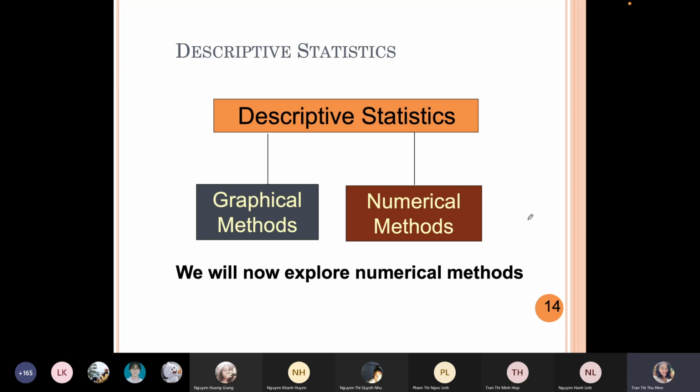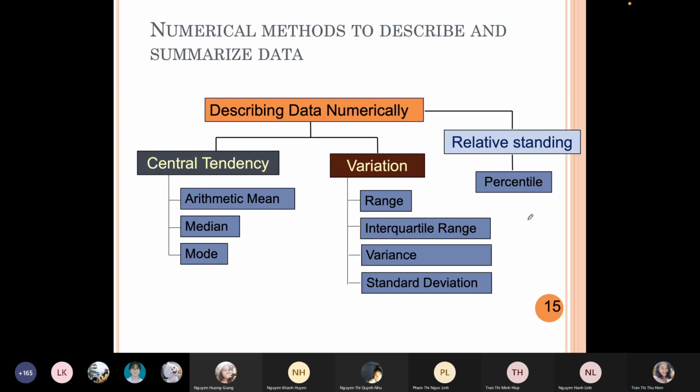Now we will move to the second part, the numerical methods to present the data. We have 3 main parts. Here we will present several numerical measures that provide additional alternatives for summarizing data.